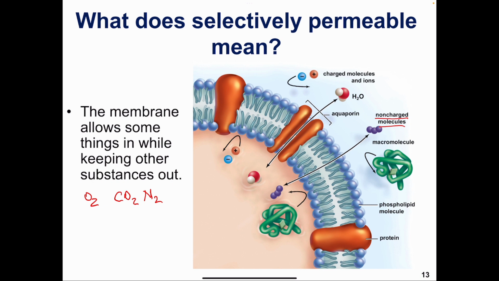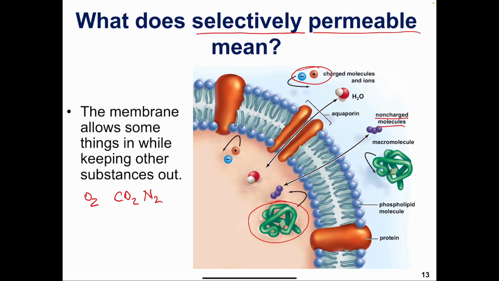Now, because most of the chemicals in our system are either charged or large, these chemicals are not going to typically cross the plasma membrane. Then you understand the concept of selective permeability of the plasma membrane, right?